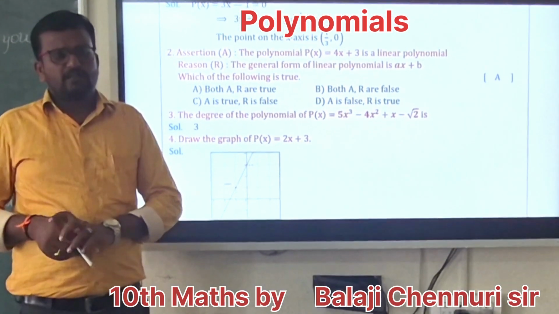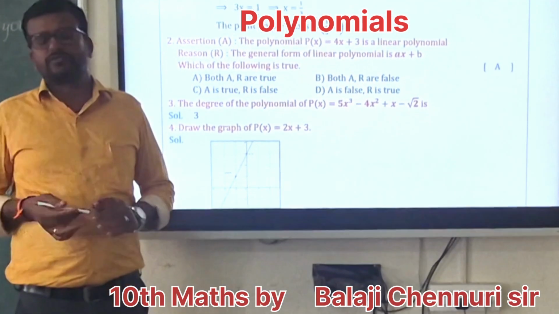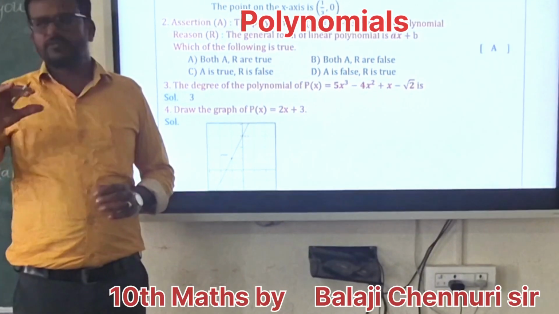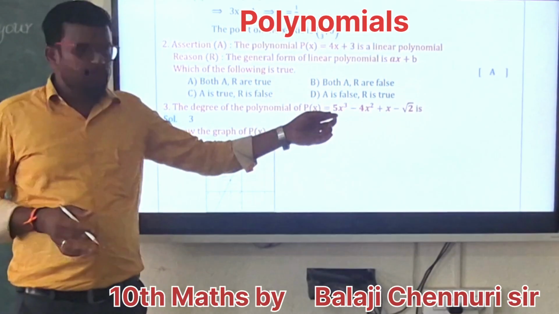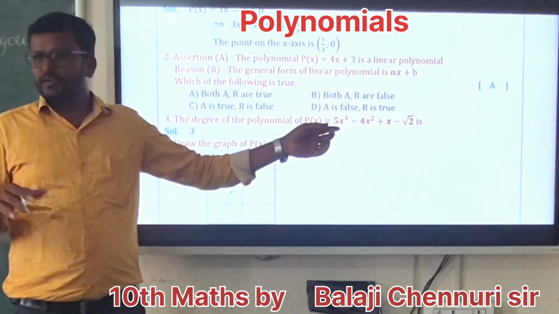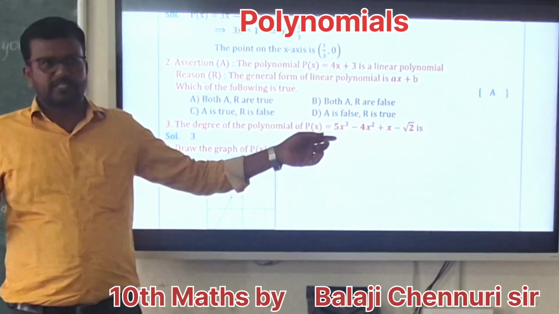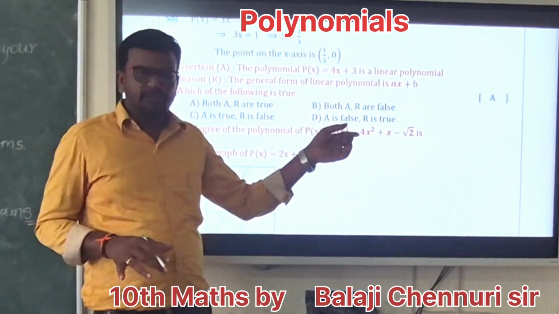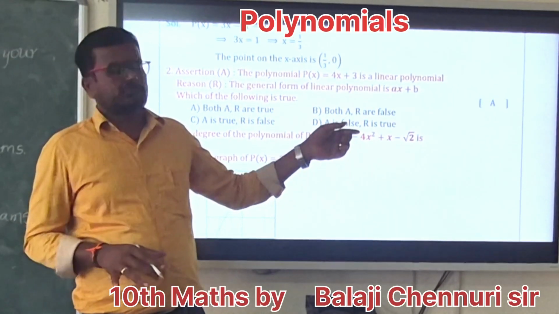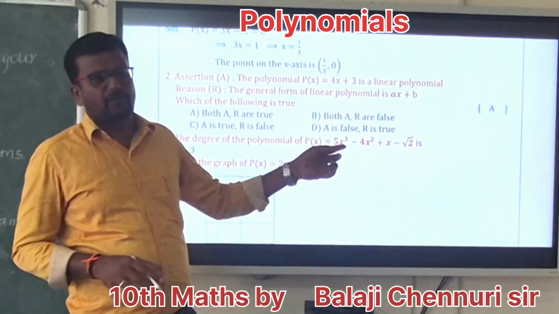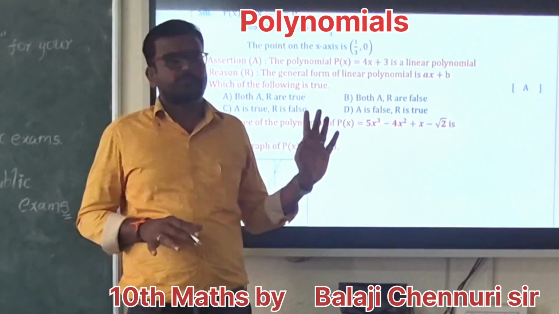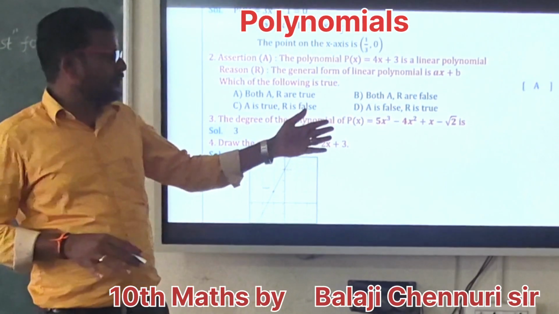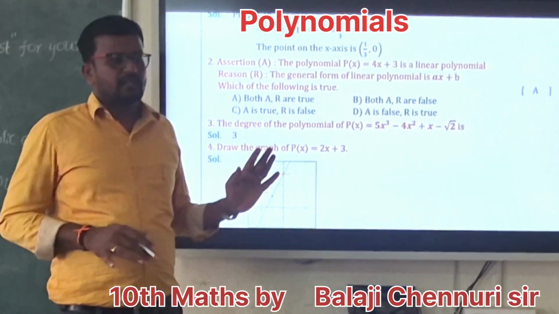The highest positive power of a given variable. In the given expression, if you go through all the variables, what is the highest positive power? 3 is the highest power here. Therefore, the degree of the given polynomial is 3.